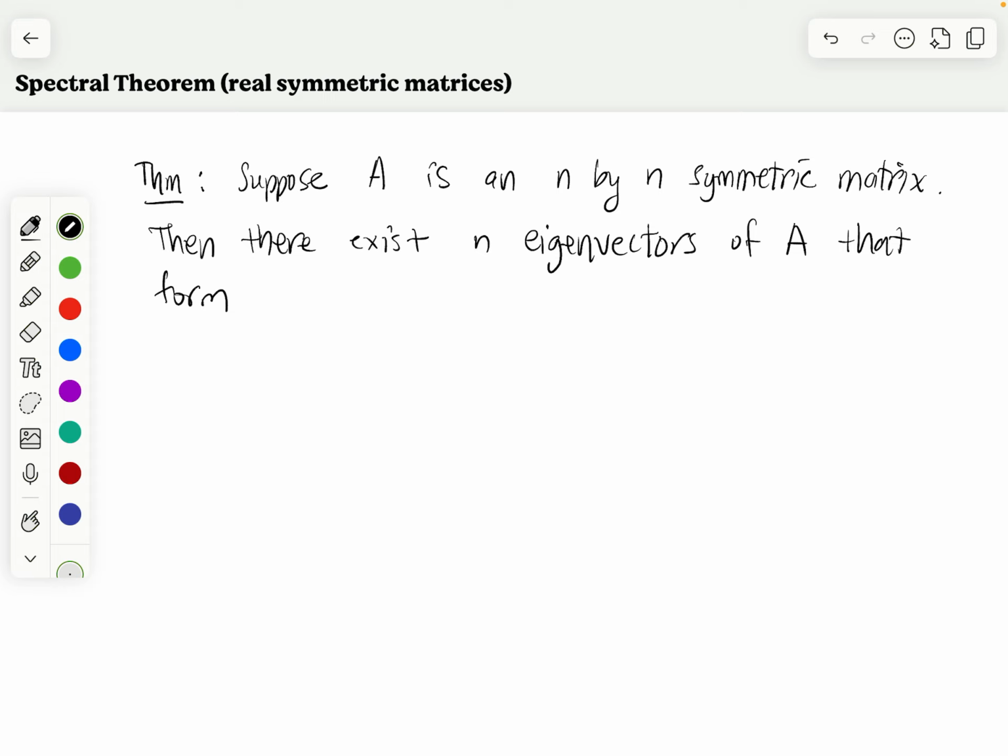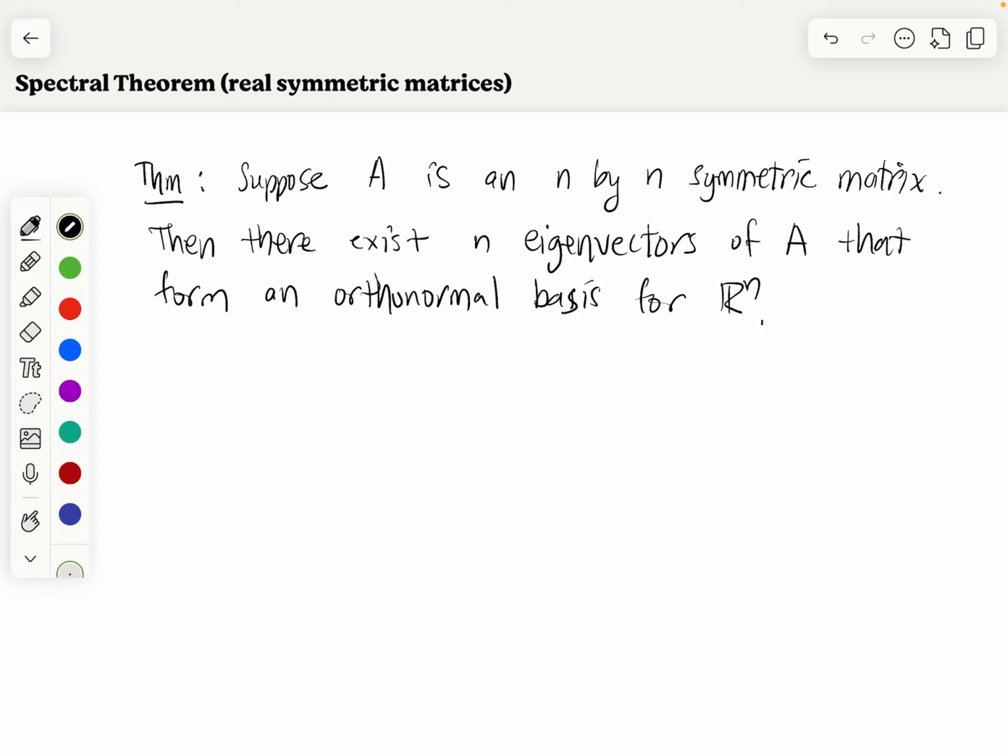Then there exist n eigenvectors of A that form an orthonormal basis for Rn. This is one way to phrase the spectral theorem.